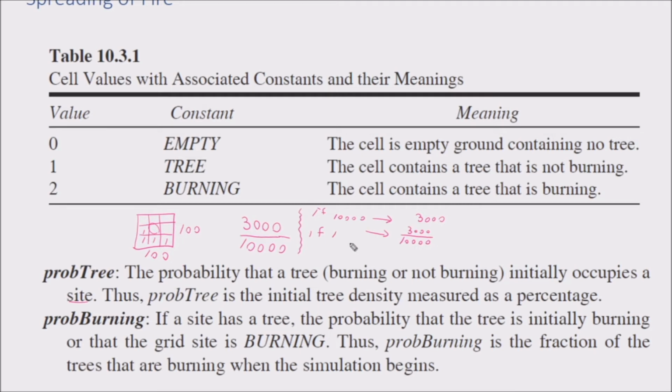To convert to 1, I had to divide both sides by 10,000, right? Then if it is 100, how do I make it 100 here? I multiply this by 100. So if I do something to that side, I have to do the same to this side.